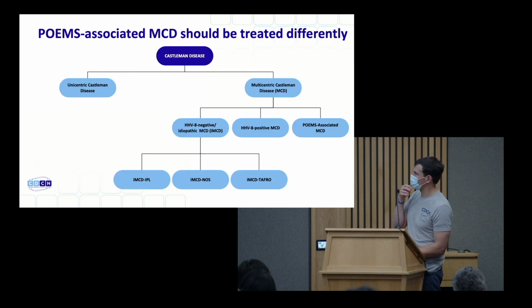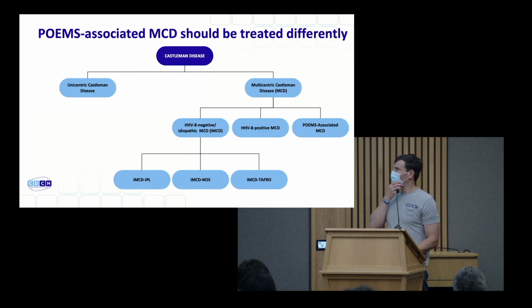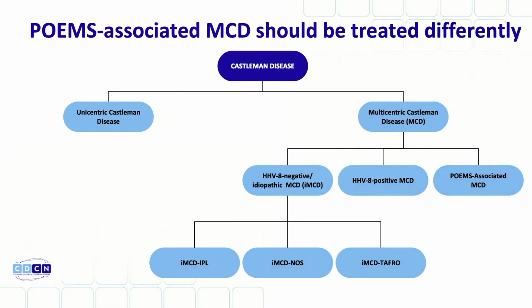You can actually stay on the slide for a second. So I don't know if anyone in this room has POEMS syndrome, and you don't need to raise your hand to volunteer it, but I did want to spend a little bit of time talking about POEMS. In your immune system, we all have heard about how our immune system makes antibodies.